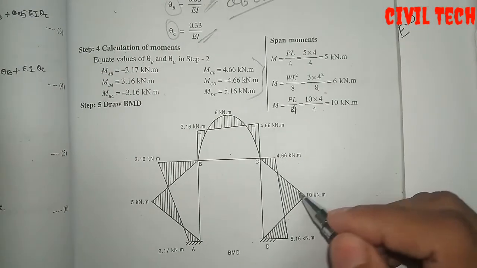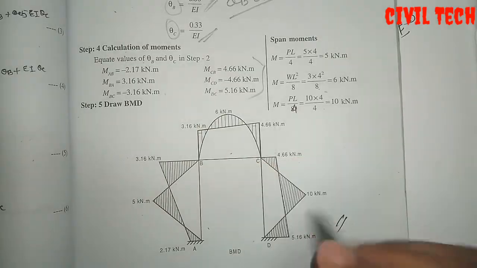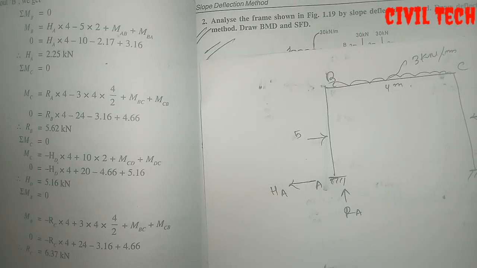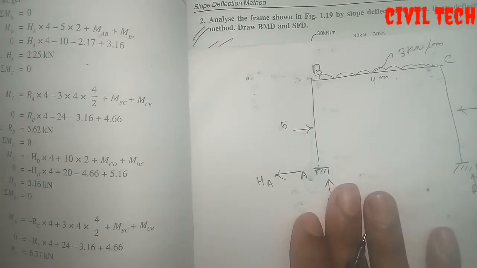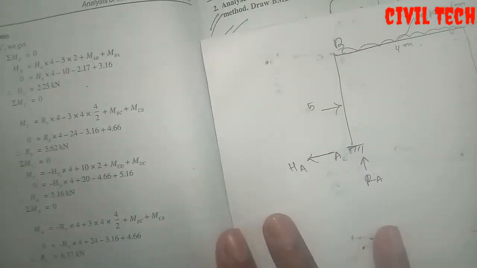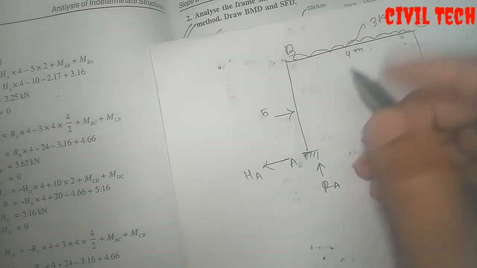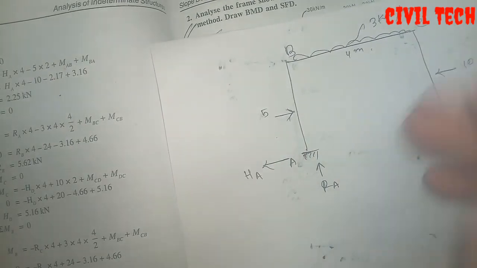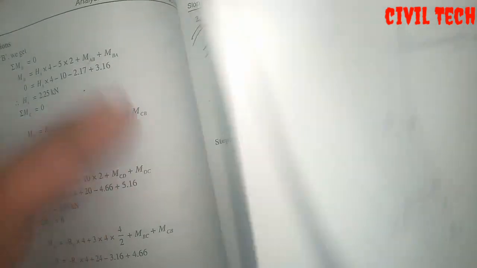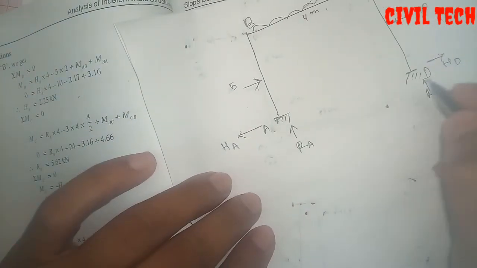See here, as it is ABCD. So lastly, to draw the SFD, shear force diagram, this is our figure. Okay, first calculating the reaction on this figure. So we have loaded this figure. Suppose I'm showing here, this is a frame now.